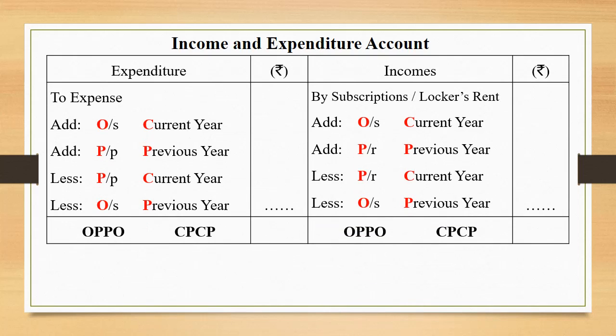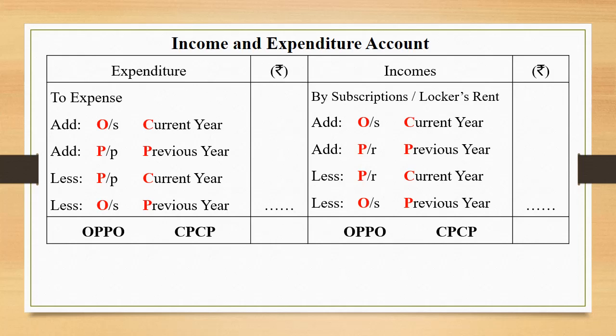On the expenditure side, you can see that the amount of expense is to be written on the top, and then, because you follow the matching concept and this account is prepared on accrual basis, we need to go for adjustments like outstanding and prepaid. We can see in expenses, outstanding current year is added, prepaid previous year is also added.